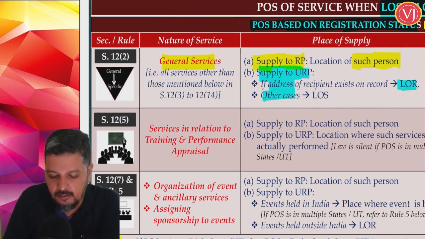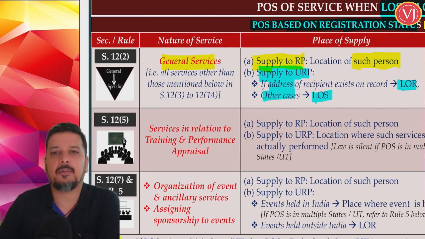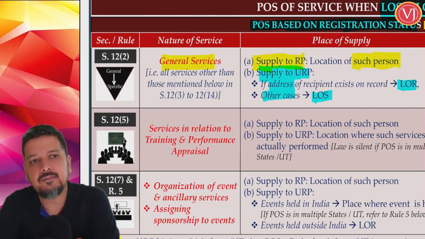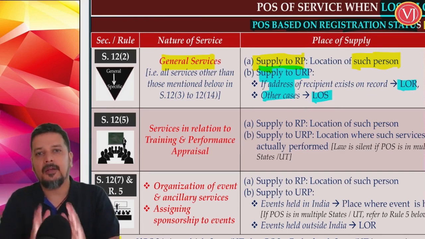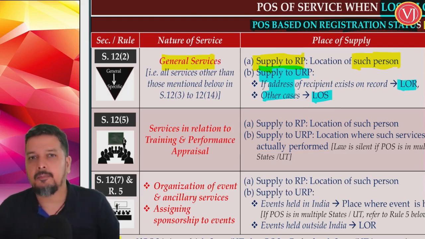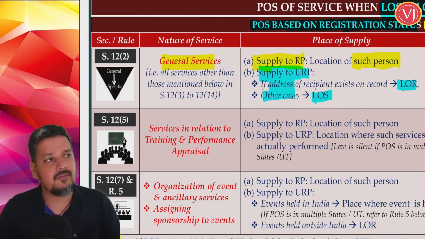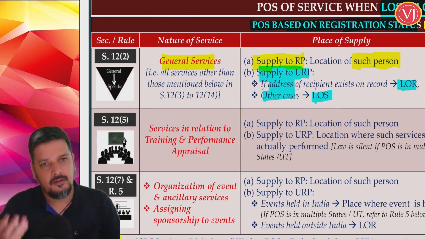If address is not known to you, location of supplier. It seems very familiar, just like the summary of section 10. They have summarized it. B2B, location of registered recipient. B2C, if address is known, location of recipient. If not known, your own location.